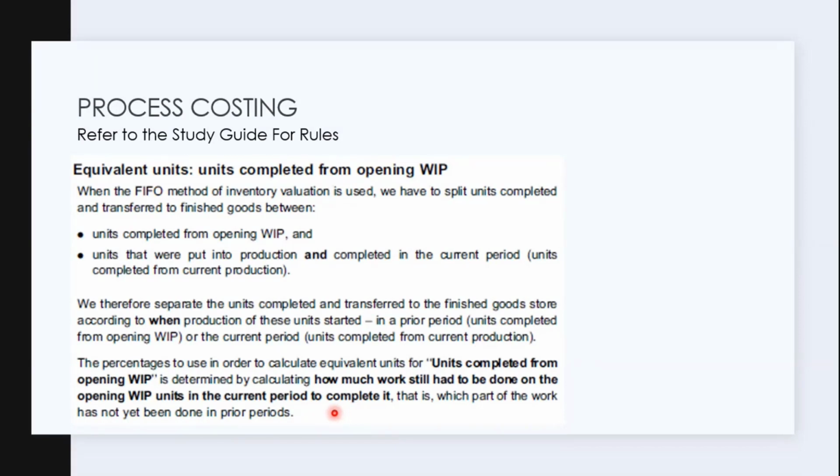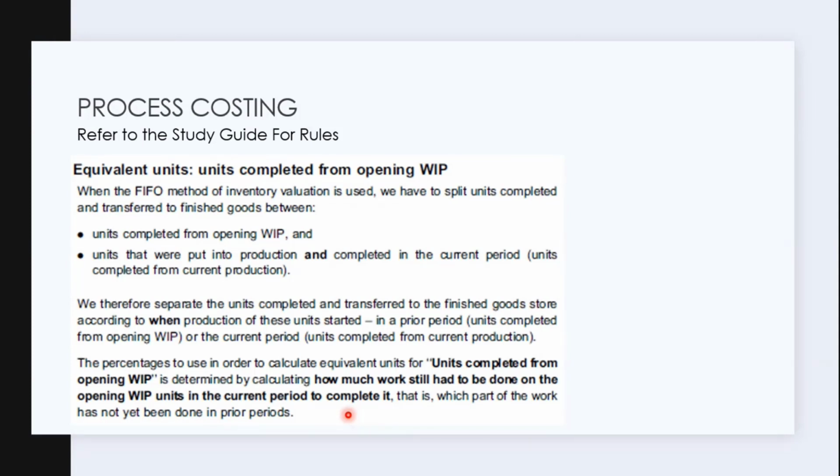So you remember the question that the gentleman asked, he said, oh, so is this the incomplete units? You remember that 25% that we saw? That's what you put here as part of your percentage. For units completed from opening WIP, you're showing how much work still has to be done on these opening units in the current period in order for them to be complete.